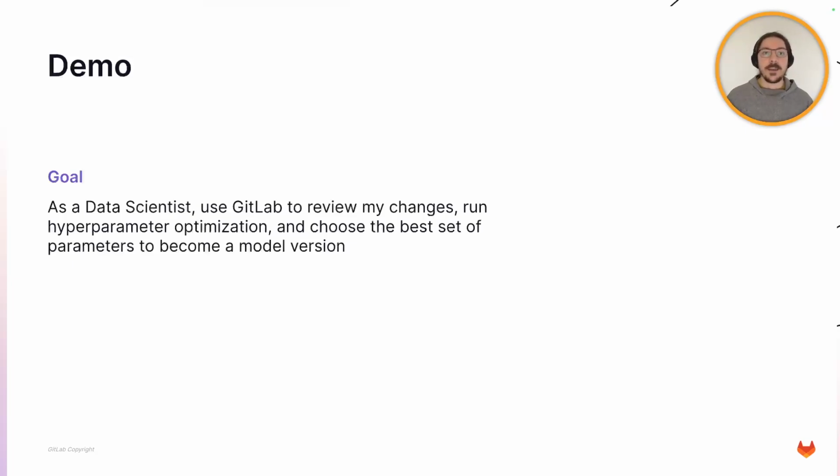I want to run hyperparameter optimization to see which one is the best configuration for the model, and somehow analyze all of the possible candidates, or trials, within this study, the optimization, and then choose one to become a model version.